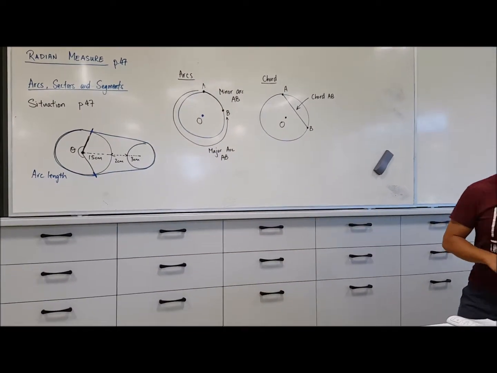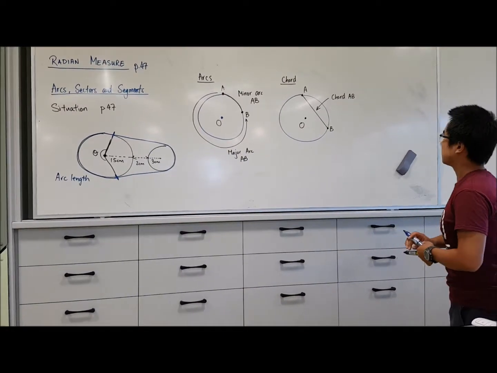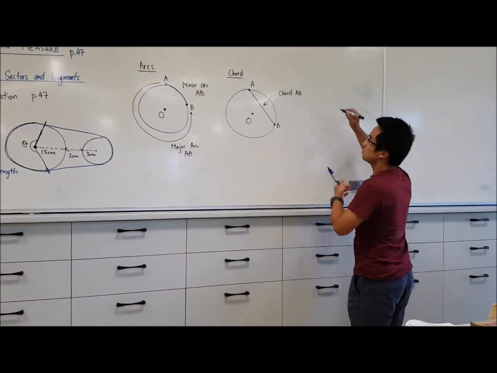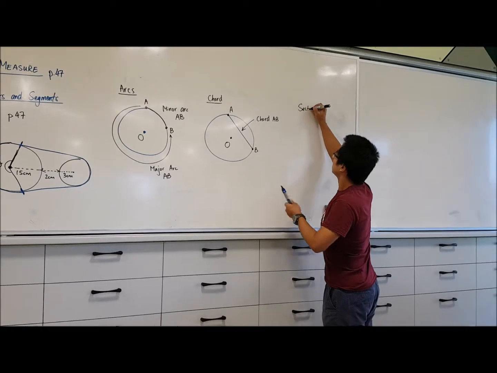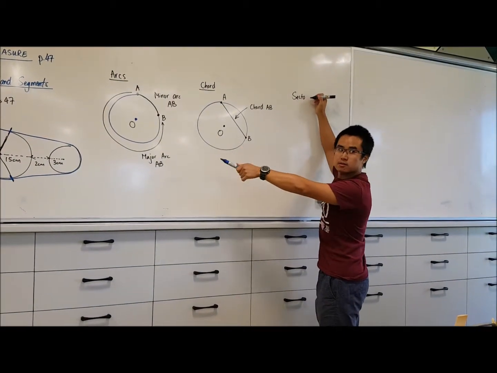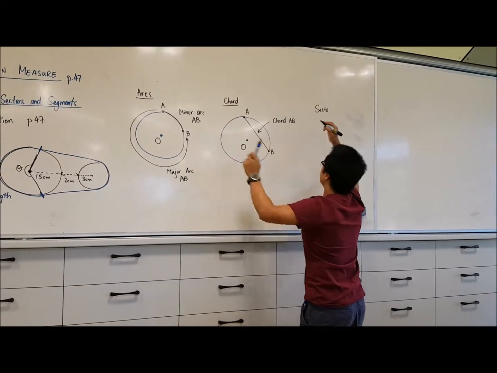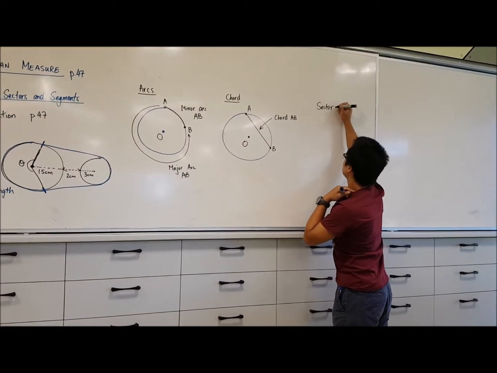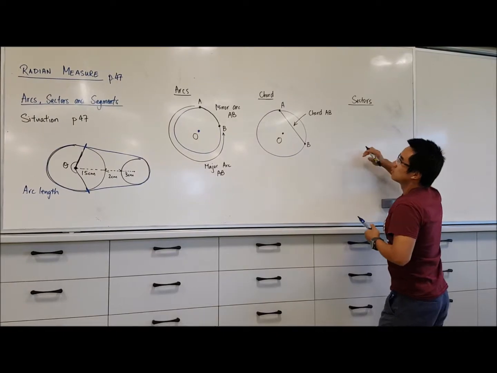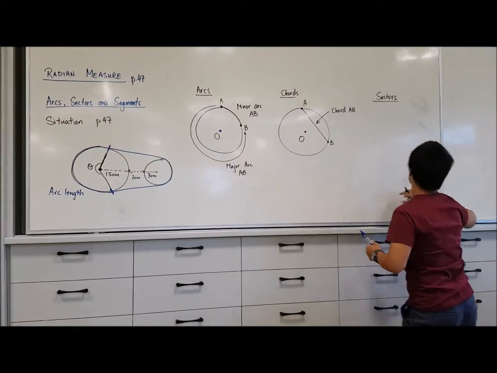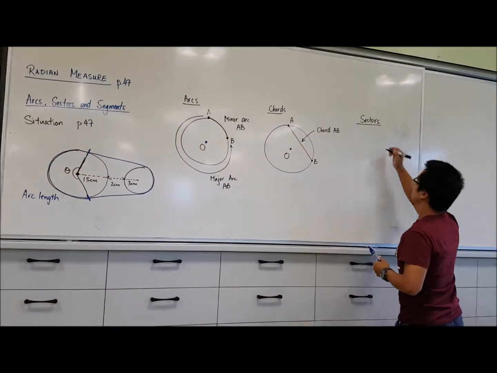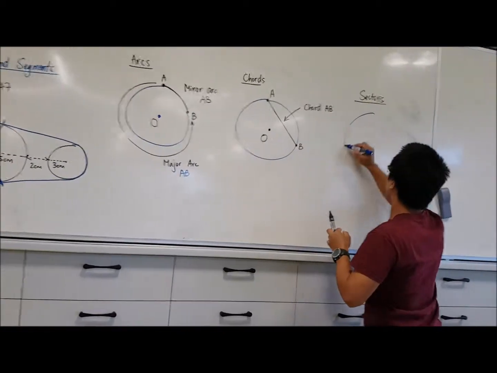And we're going to come to sectors. So the sector of a circle is part of it. So these two deal with length measurements, either through the circle or around the outside. With sectors, we're dealing with area. So again, start with a circle.